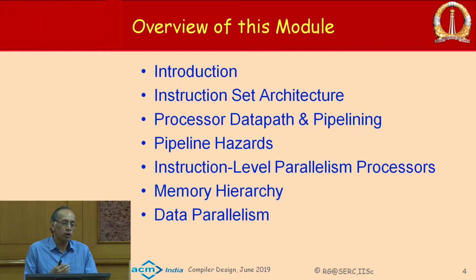So this is the overall overview of this module on machine architecture. We are going to cover the first 5 topics today and then put a pause on this, go to code generation, register allocation, and then instruction scheduling, and then after that we will talk about memory hierarchy and data parallelism, and then come back to optimizations that the compiler can do for exploiting those things.